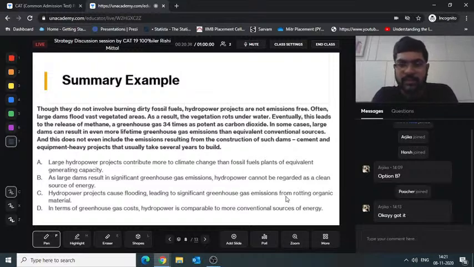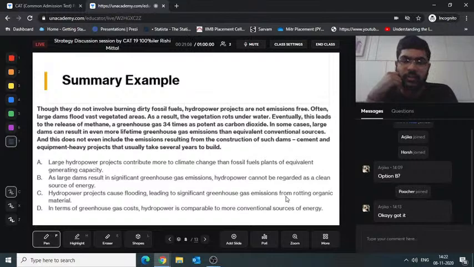In some cases, large dams can result in even more lifetime greenhouse gas emissions than equivalent conventional sources. Okay, so it says clearly in some cases, and it's the lifetime which is being discussed. Okay, and this does not even include the emissions resulting from the construction of such dams.